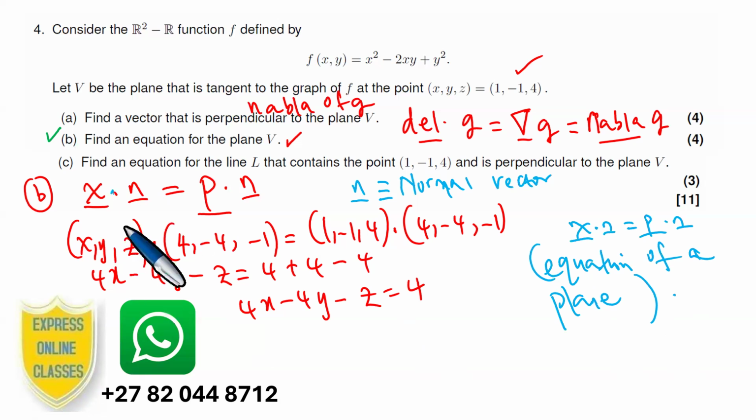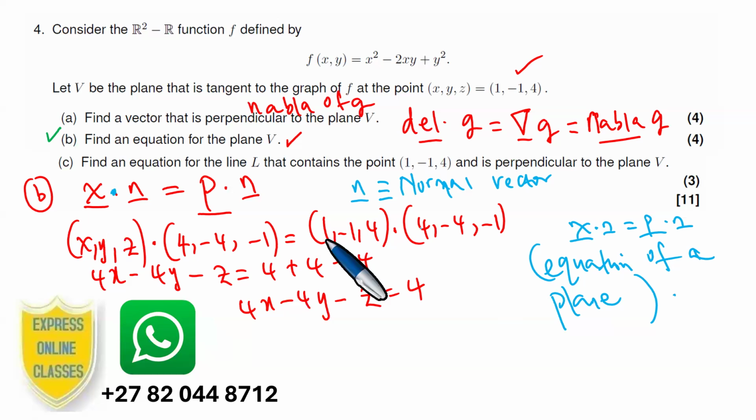If you have two vectors, you take the dot product, you take the point vector and dot it with n, and this is component multiplication. So the vector x dot the normal is going to be x times 4, which is 4x, and then y times minus 4 is minus 4y, z times minus 1 is minus z.